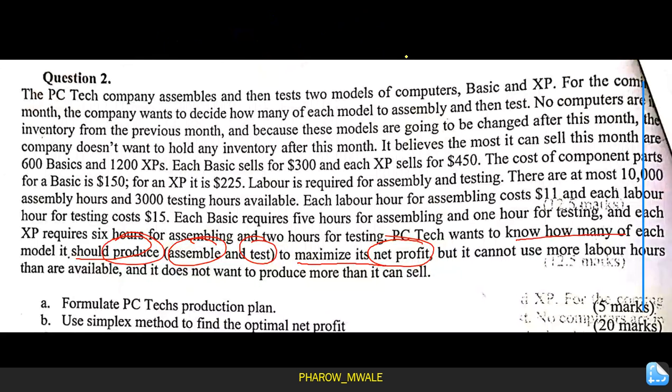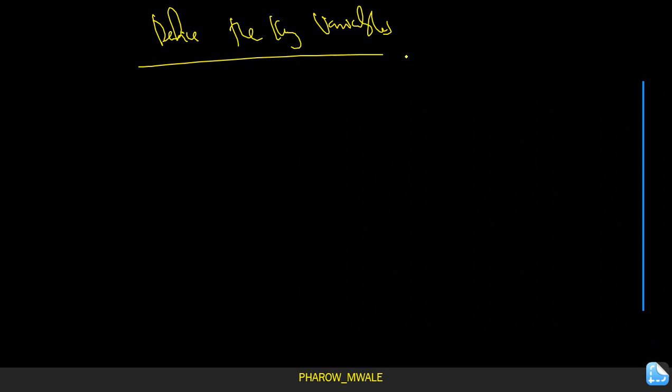And what are the key variables? It is the quantity of the computers this company should produce. We have two computers, basic and XP. It wants to know how many of each of these computers it can produce. So the way we define key variables is, since they want to produce these two types of computers, we are looking for the quantity.